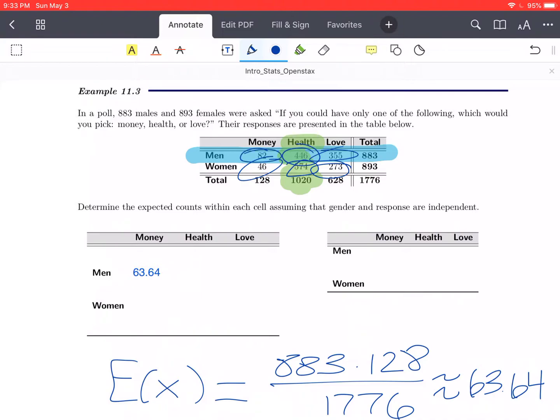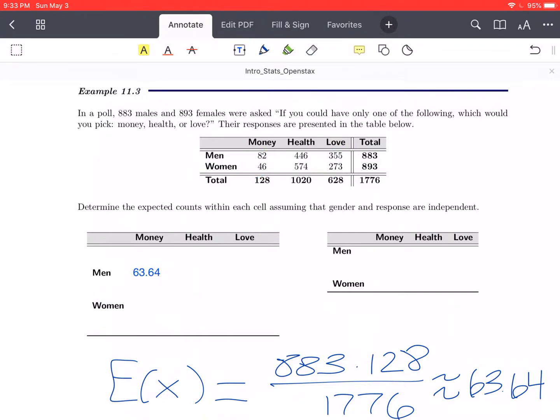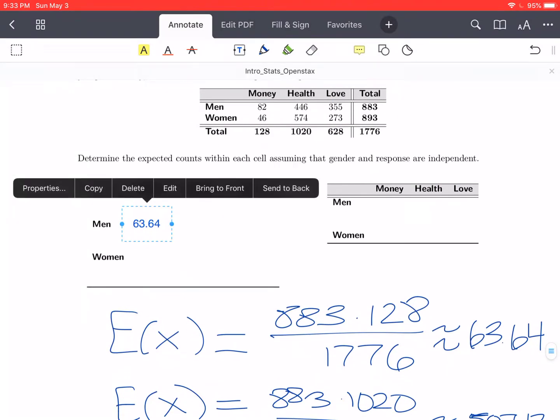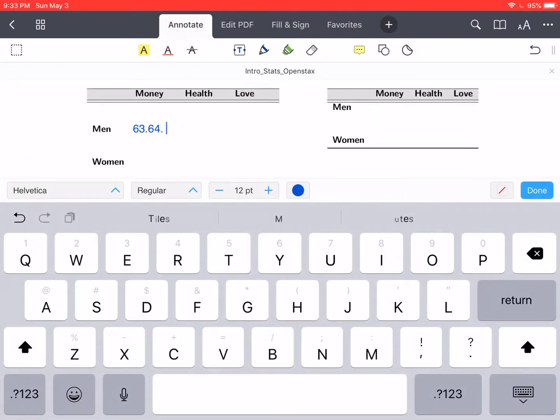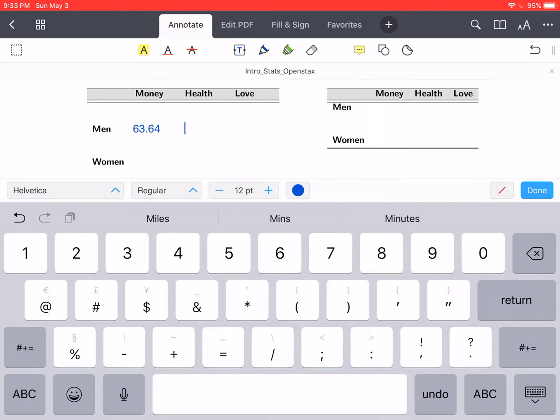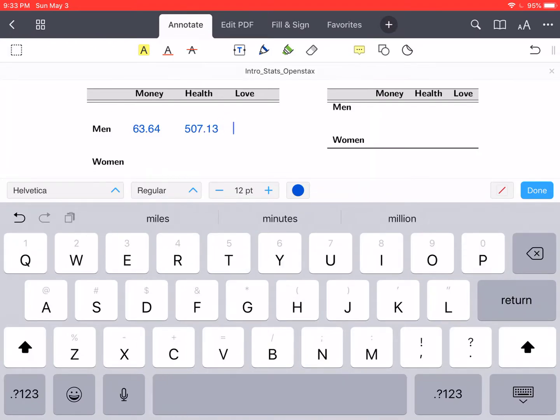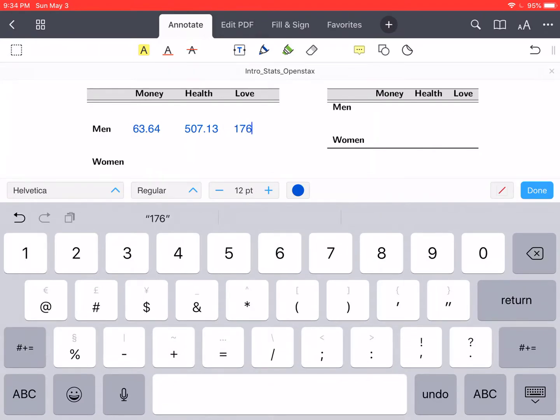You do it for all six, filling in this new table with all these new expected counts. So this one gives us 507.13. And then for love, if you compute that expected count, you get 176.50.